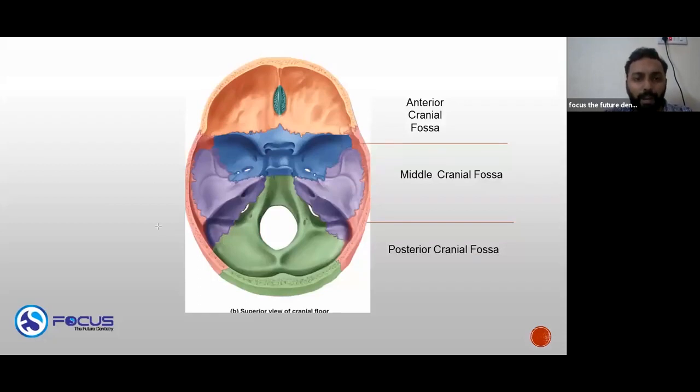Now I also want you to learn this particular region of your occipital bone. Can you name that part of occipital bone? This region I'm talking about.